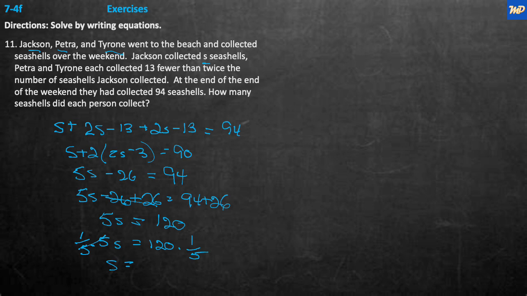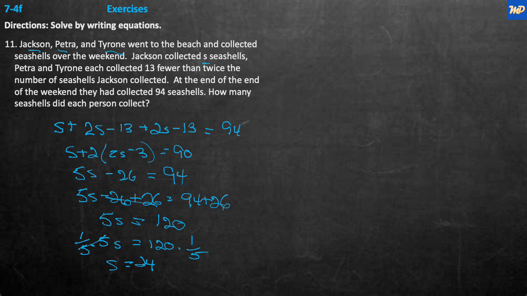So 5 goes into 100 how many times? 20 times. 5 goes into 120 24 times. So it's 24. 24 is what Jackson collected.